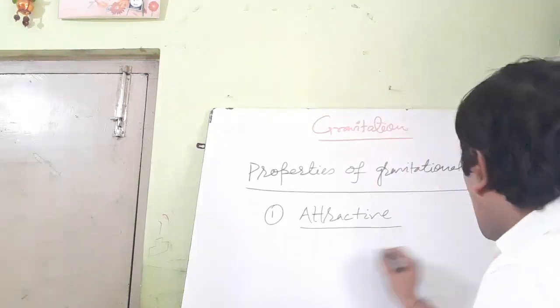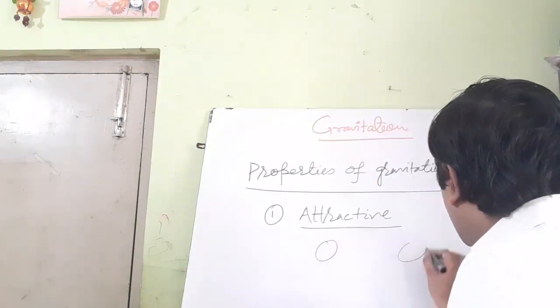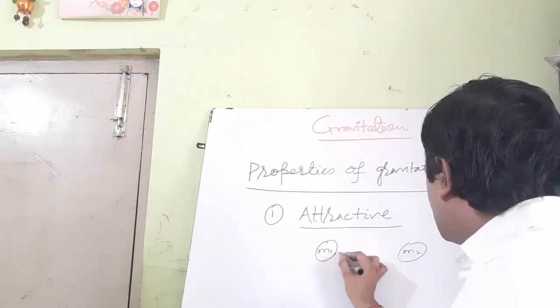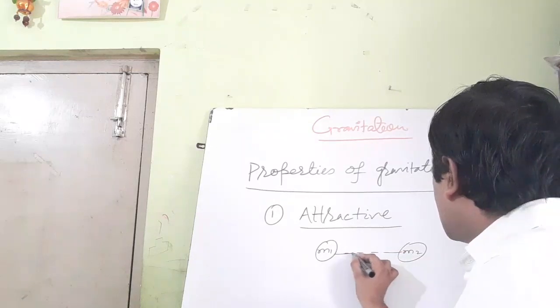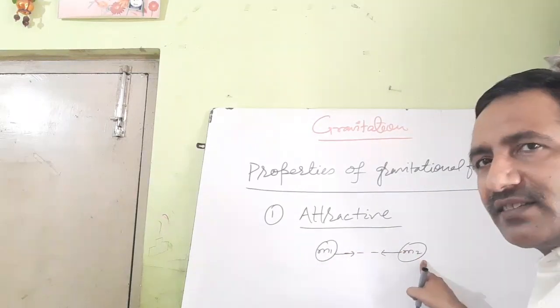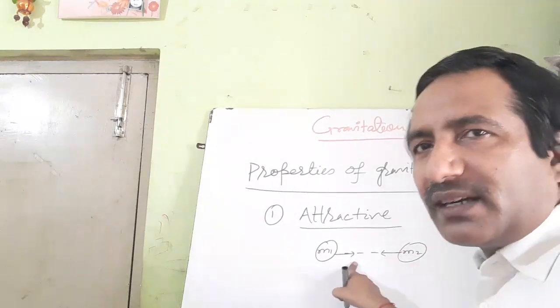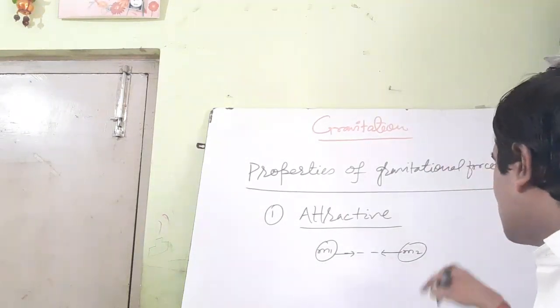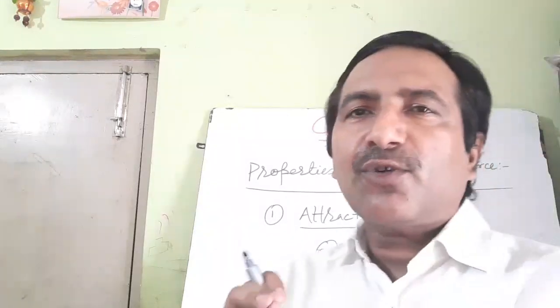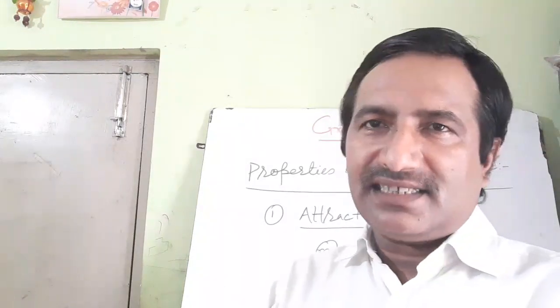Suppose there are two bodies with masses m1 and m2, they will attract each other. M1 is attracting M2 and M2 is attracting M1. So this is always attractive in nature.